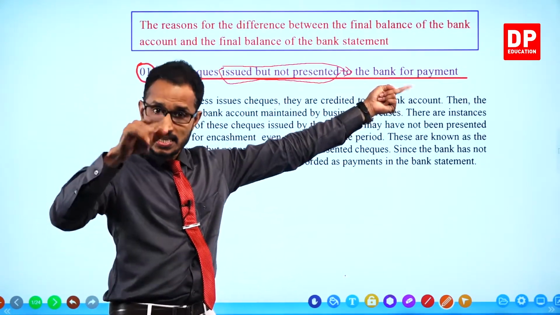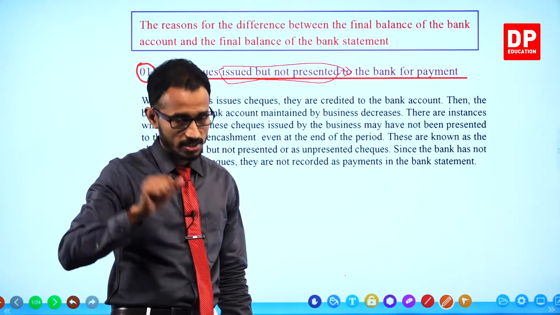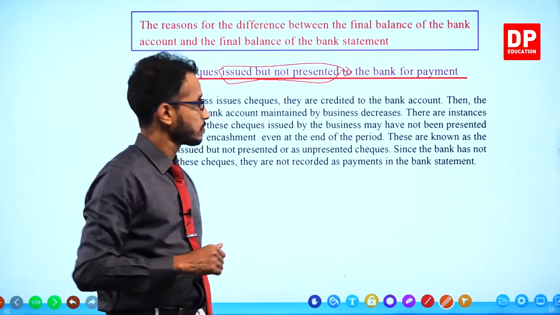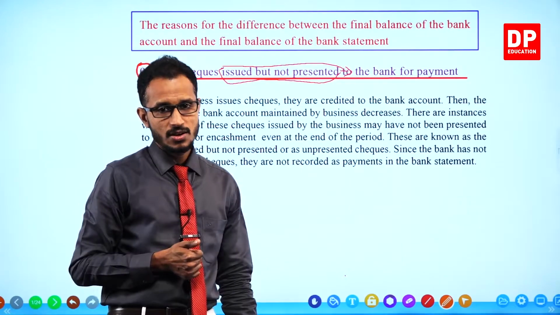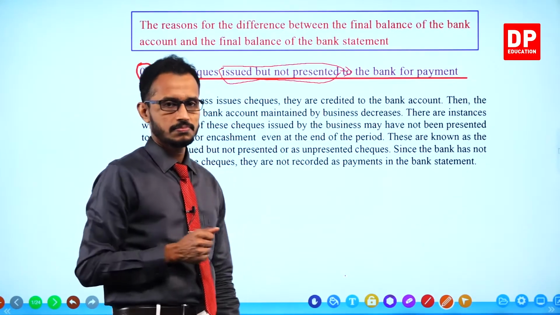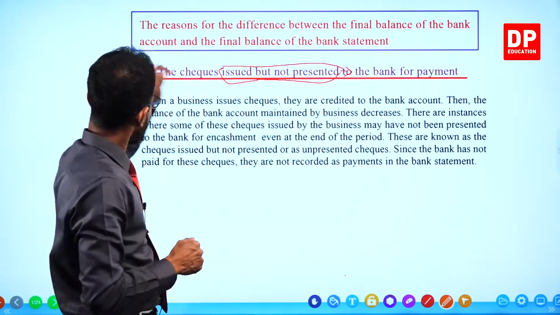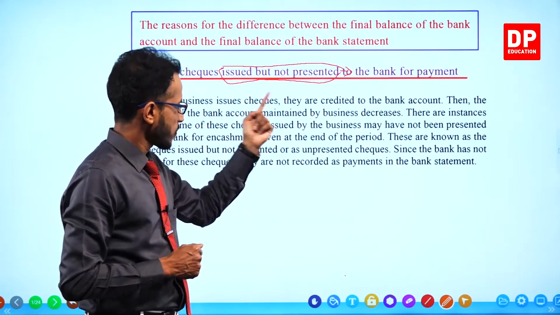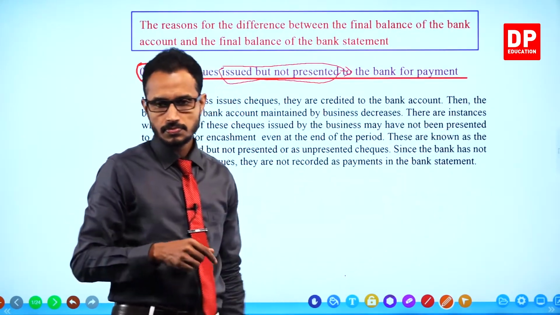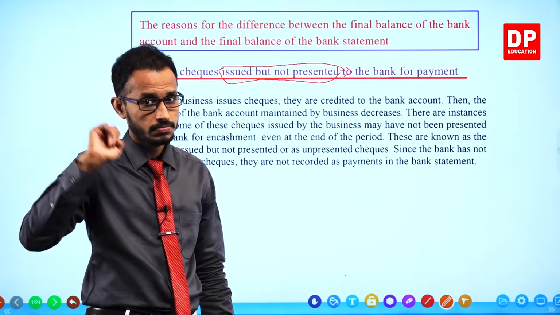These checks which are not presented, these values which are not yet actually taken and cashed, this is the first reason for the difference in the final balances. Go through the text. When a business issues checks, they are credited to our bank account by us. It's correct.